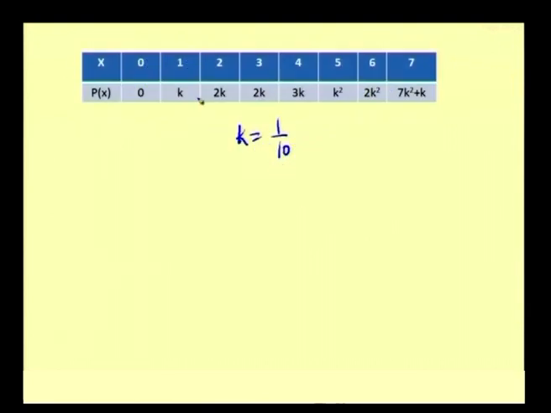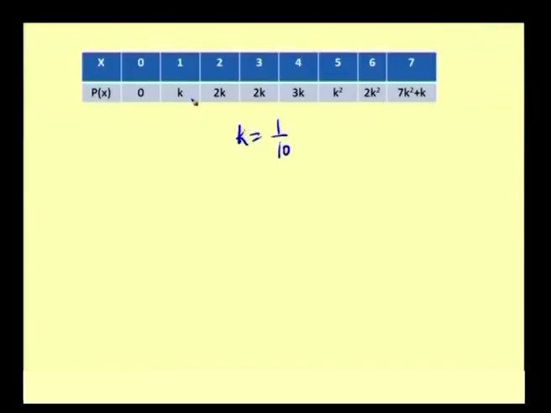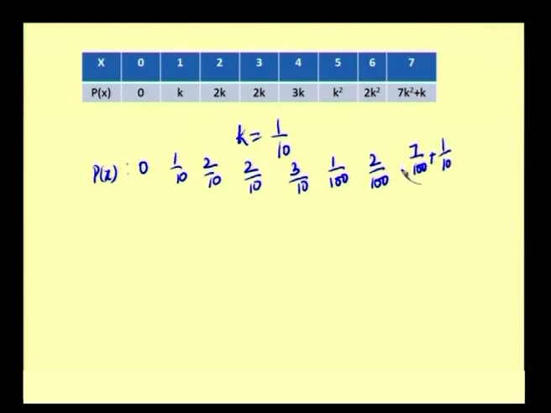This k is equal to 1/10 has to be substituted back in this probability table, so that you get the probability mass function of x. So, when I substitute k is equal to 1/10, P of x becomes 0, 1/10, 2/10, again 2/10, correspondingly 3/10, k square is 1/100, 2k square is 2/100, and 7k square plus k is 7/100 plus 1/10, which is 17/100.